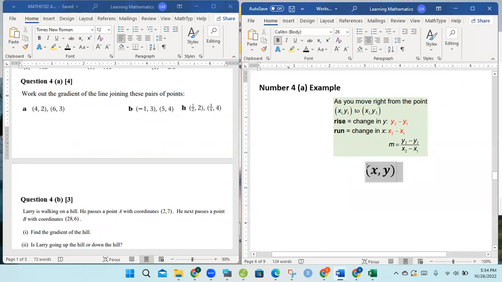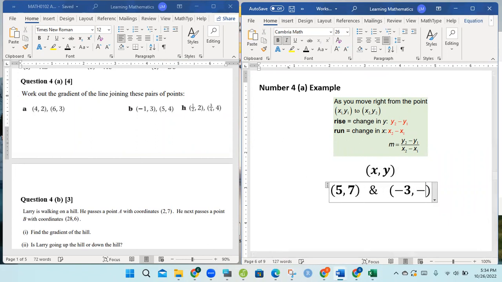So let us say you have a coordinate 5,7. And another point. Let's say you have -3,-8, for example.